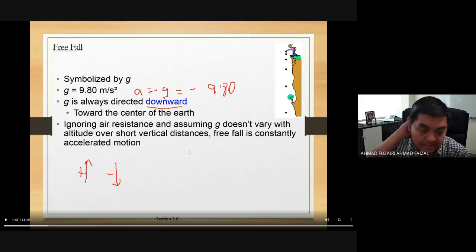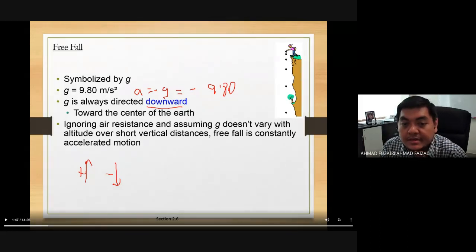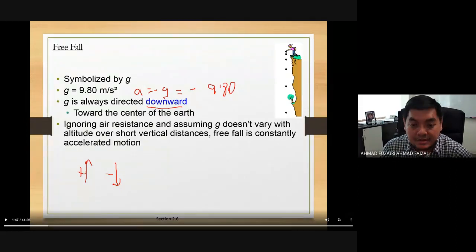Madam said that g is 9.8 meter per second square, but a is acceleration. And of course, acceleration is a vector quantity. Therefore, a going upward or downward doesn't influence g, but will influence the motion. So a is always negative g.